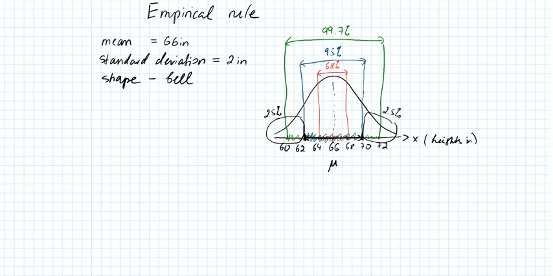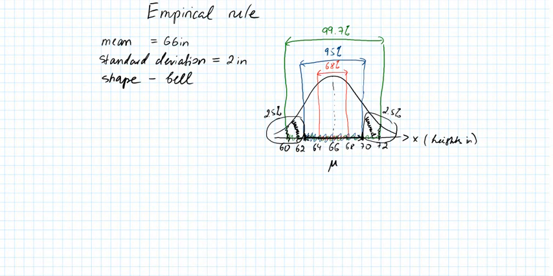So anything outside of 70 or 62, up to the third standard deviation, would be considered unusual. So this right here is unusual, and this right here is unusual.